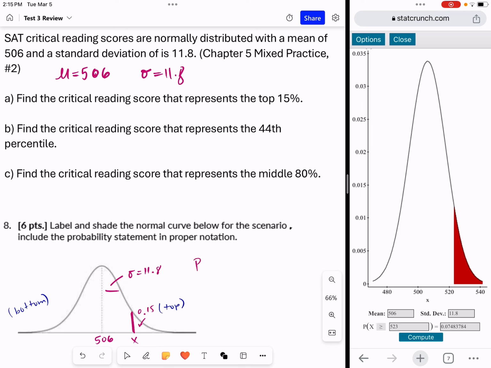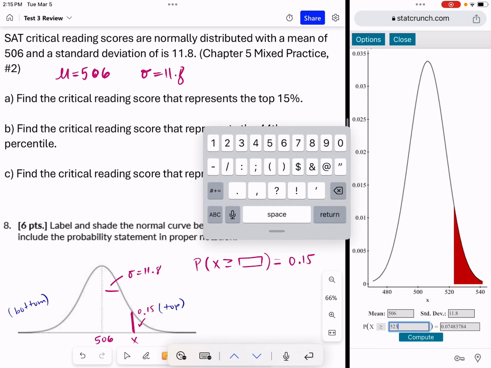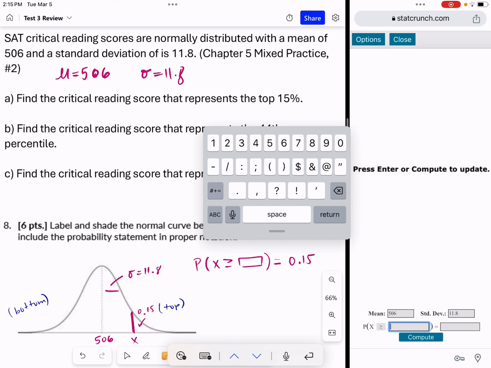And remember that your probability statement in proper notation is basically just like what you would have in StatCrunch. So we're going to leave this number where I've got the 523, and I'm going to erase that. I already have it greater than or equal to, so that's great.